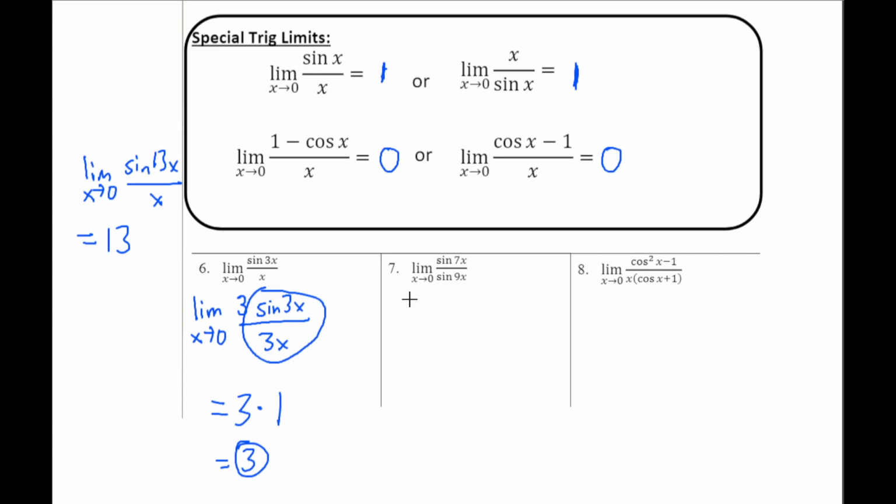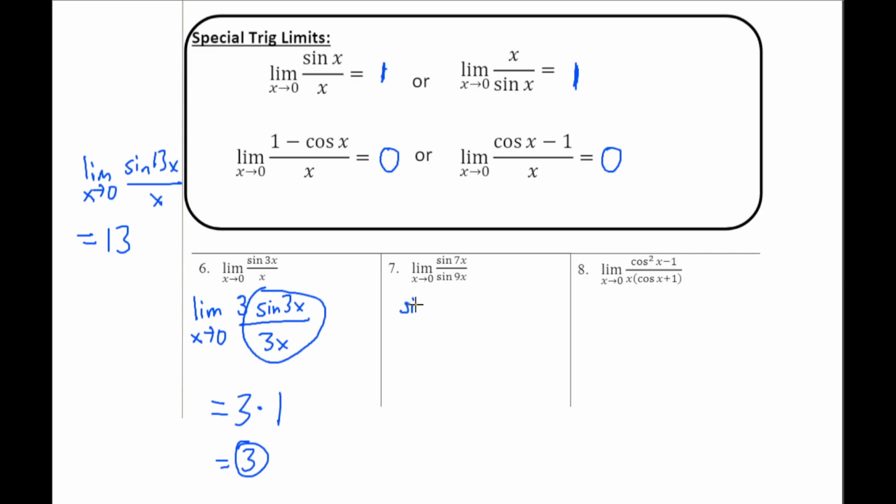So you can think about this limit as the sine of 7x over sine of 9x.